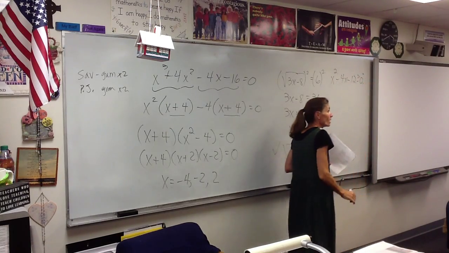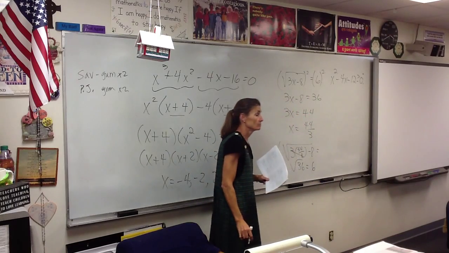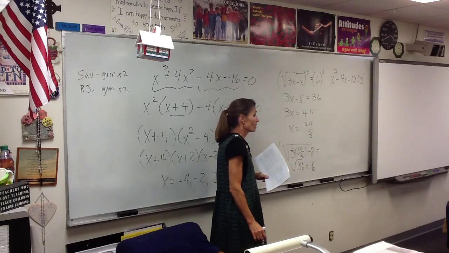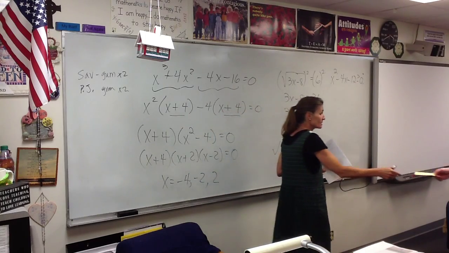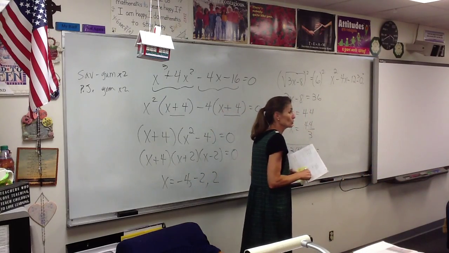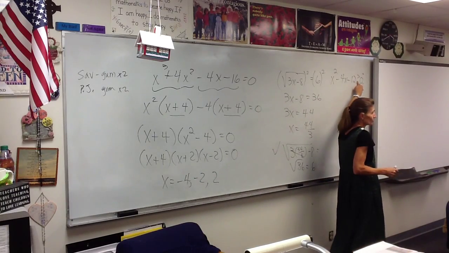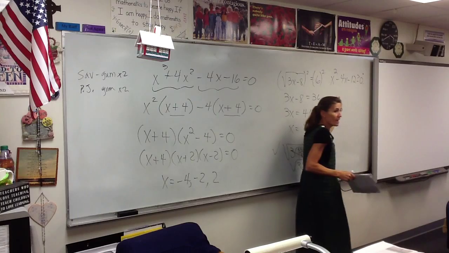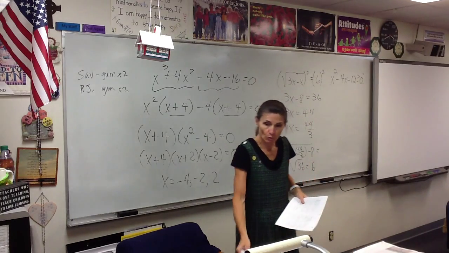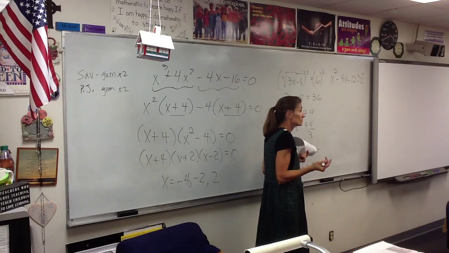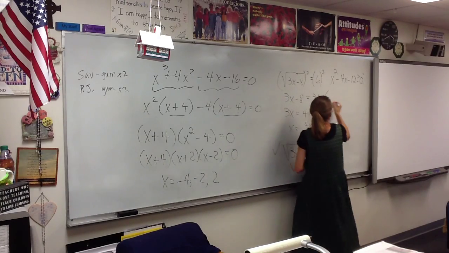Do not use the quadratic formula. Because this is not an equal to. This is a greater than or equal to. What's our strategy when they're a greater than or equal to? Factor.